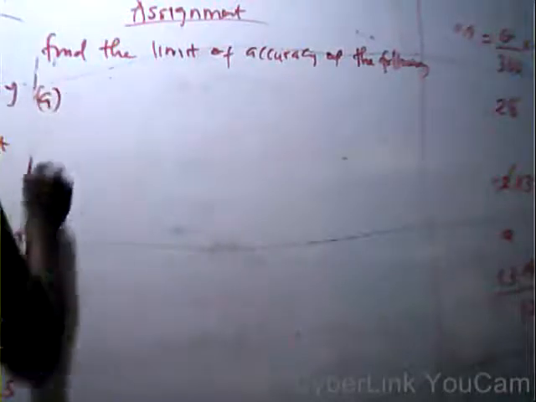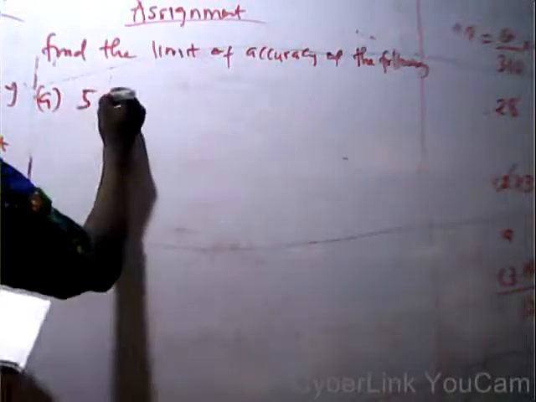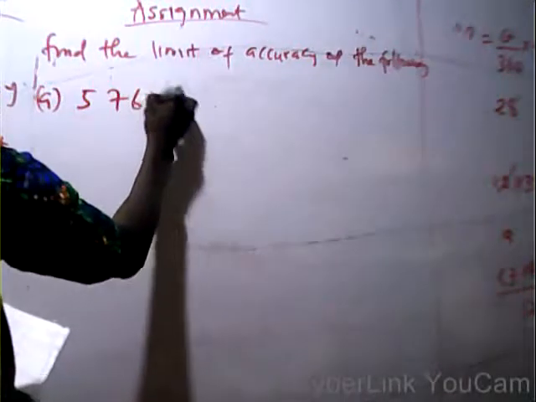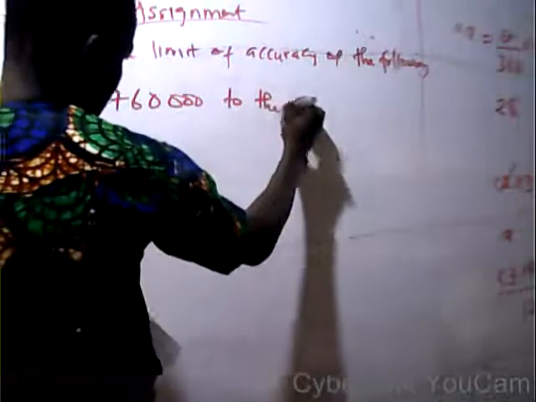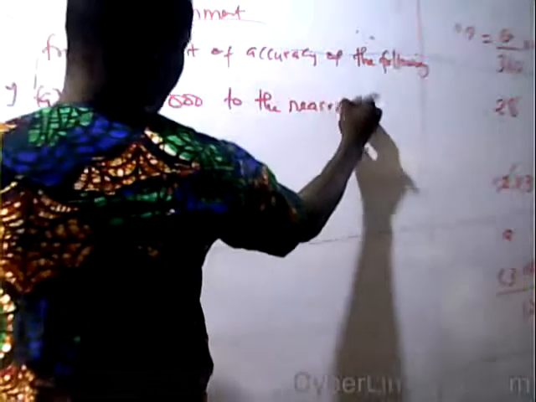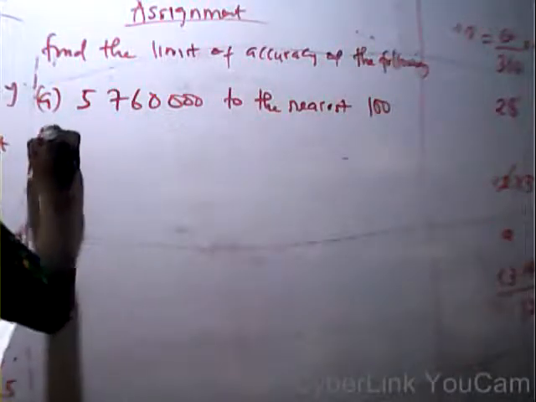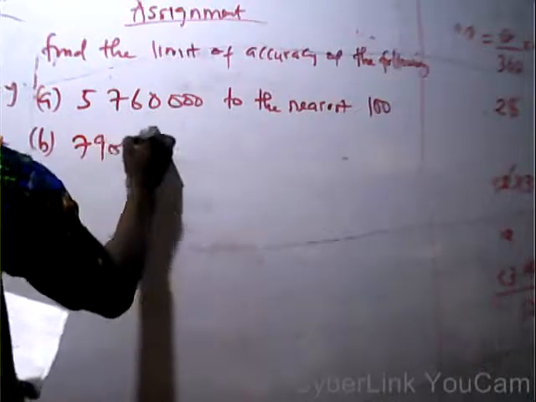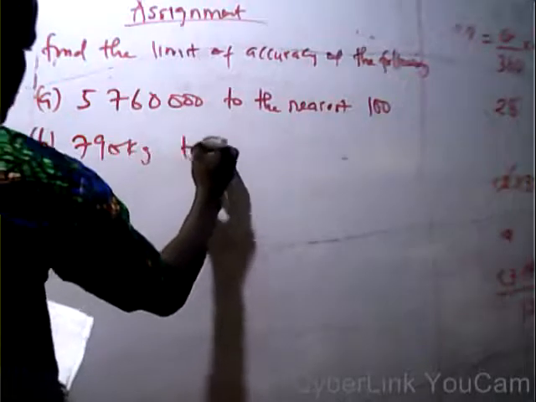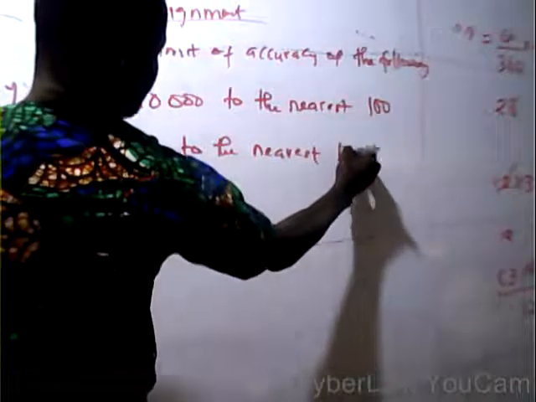A, 5,760, that's the last one, to the nearest 100. B, 790 kilogram to the nearest 100 kilogram.